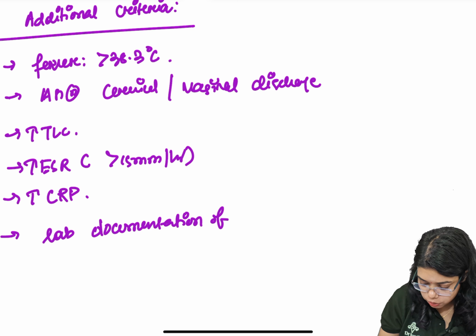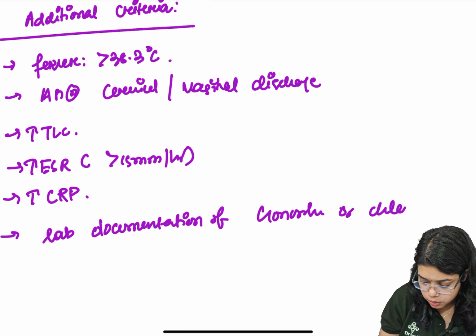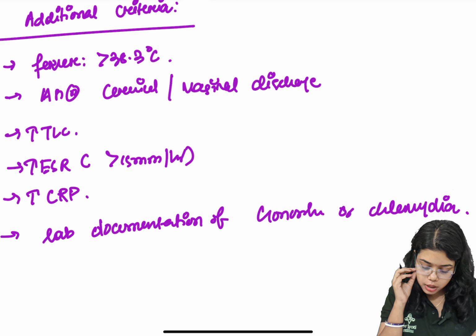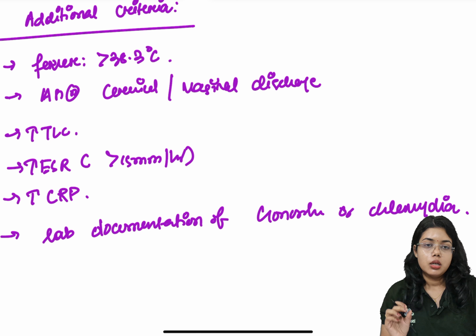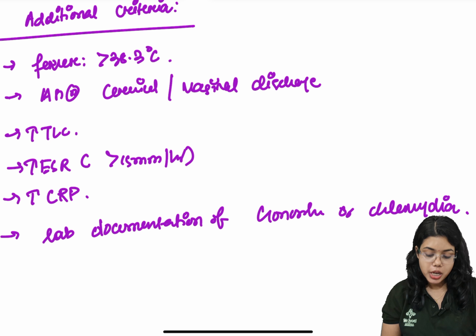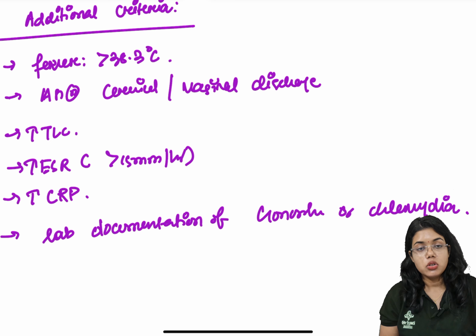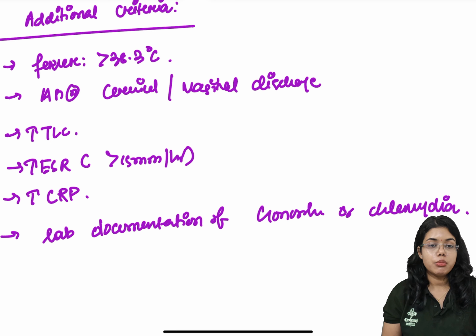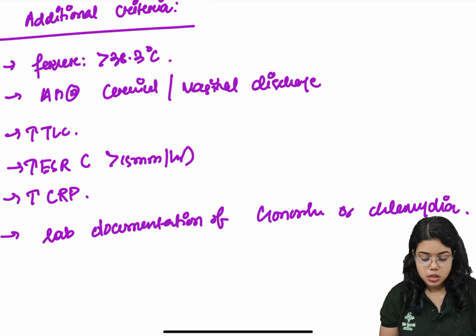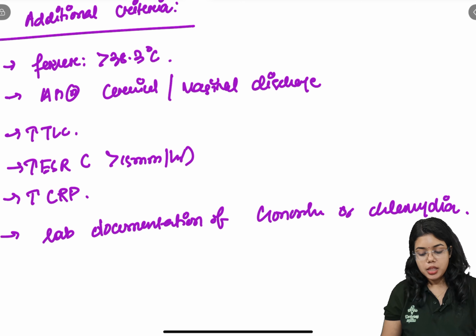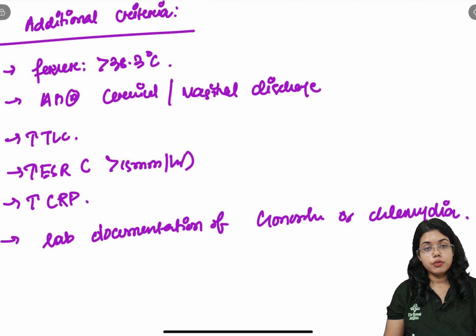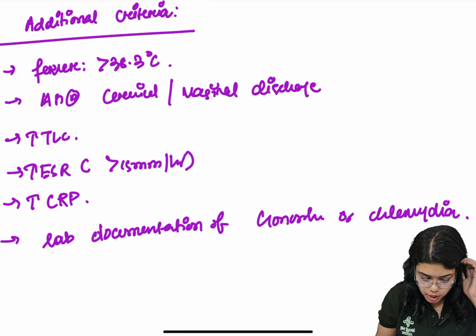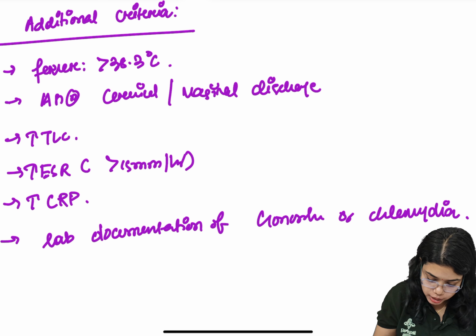So these are the additional criteria: fever, abnormal cervical or vaginal discharge, increase in TLC, ESR and C-reactive protein, which are all inflammatory markers, and lab documentation of gonorrhea or chlamydia organism.